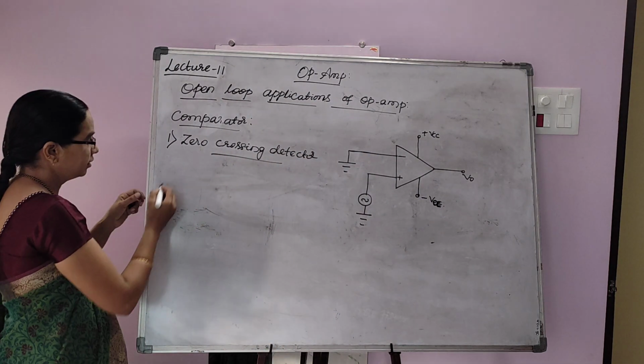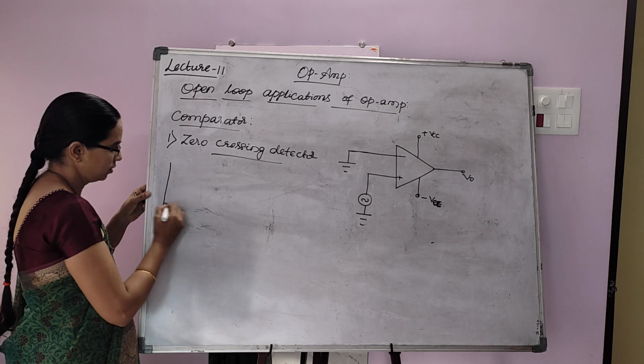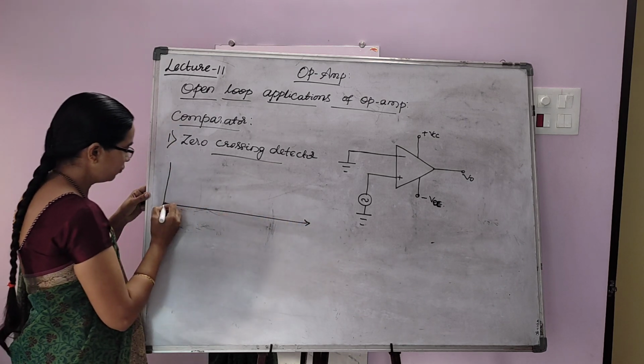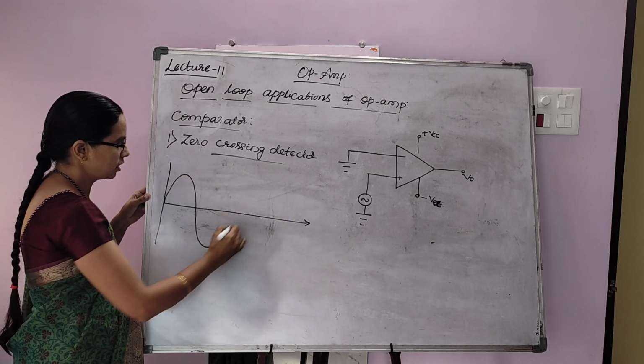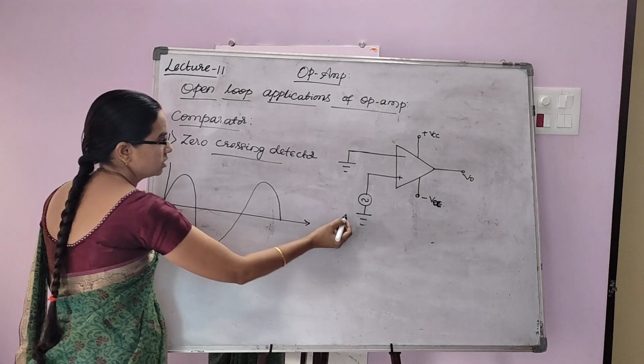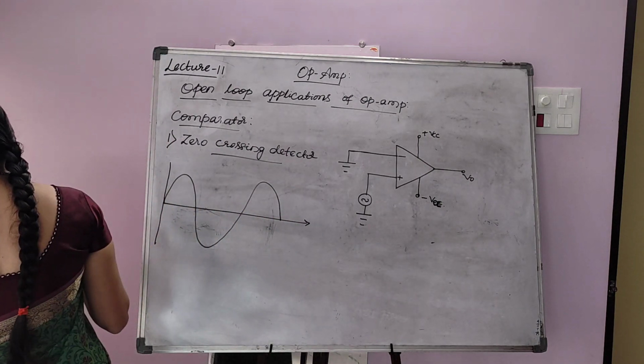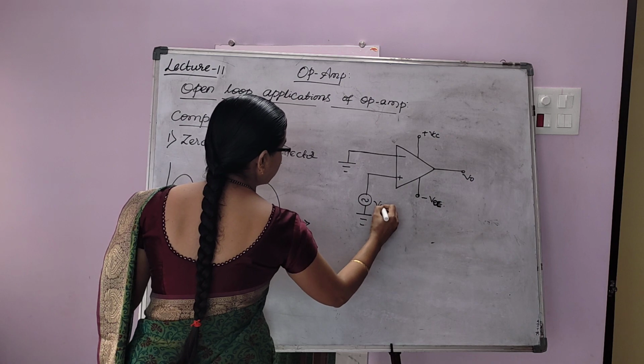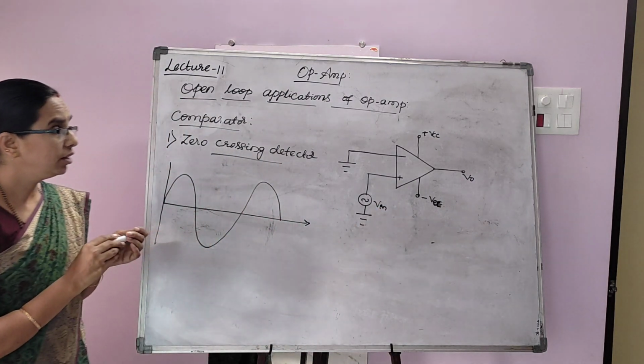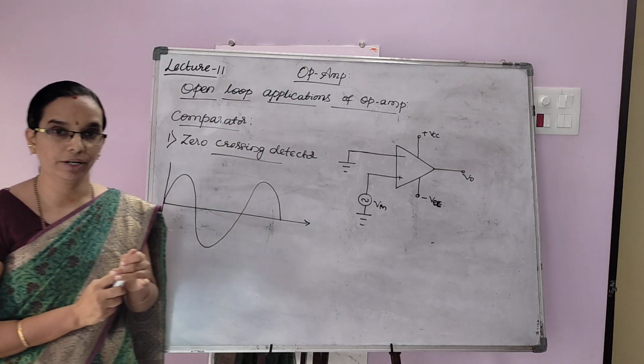So if the input voltage is a sinusoidally varying voltage, it is given to the non-inverting terminal of the op-amp, and the inverting terminal of the op-amp is grounded.